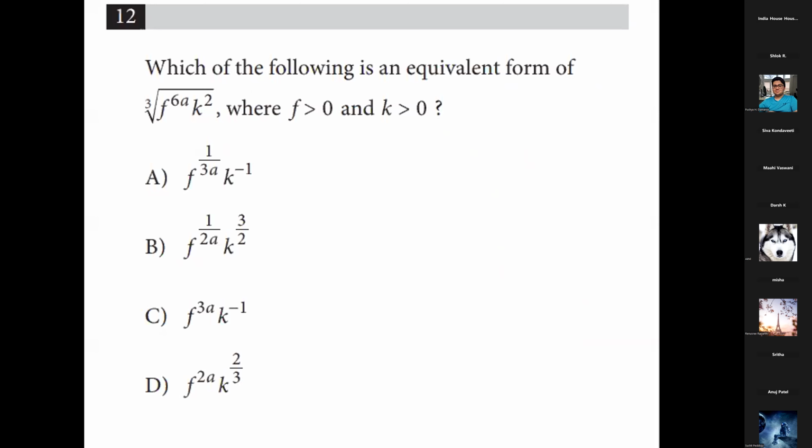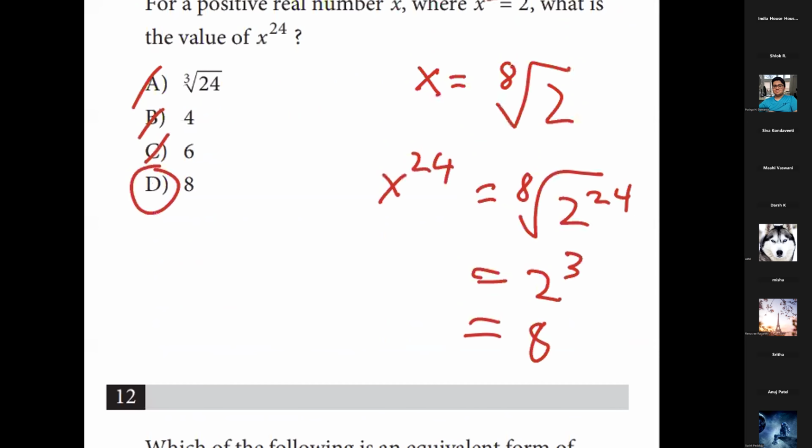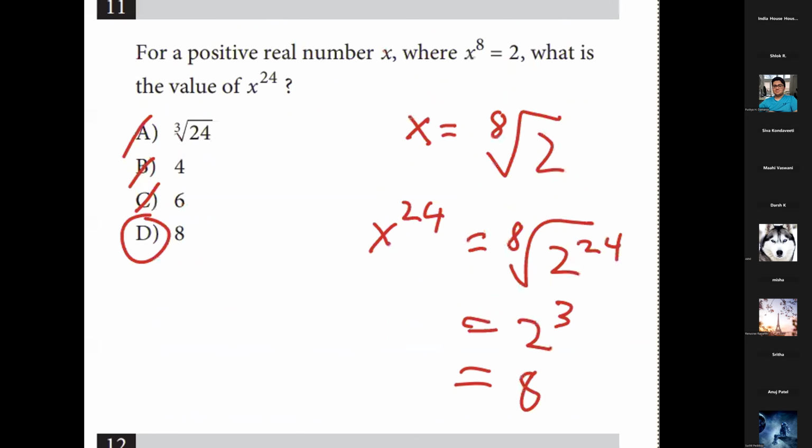Someone wants the explanation of 11. So someone asked, can you explain 11 again? So basically, I just found out what x was.